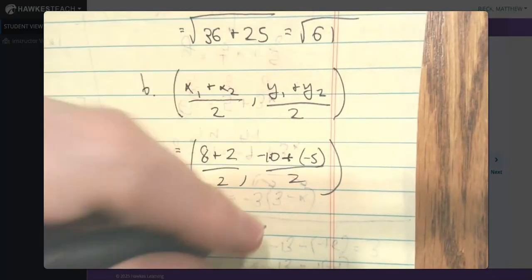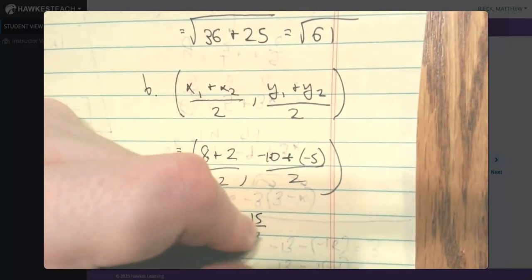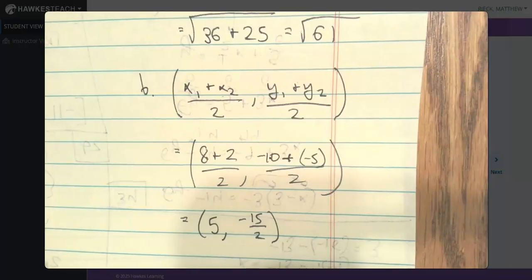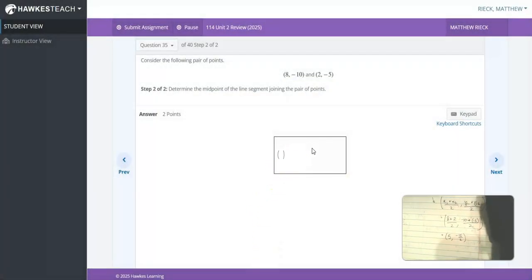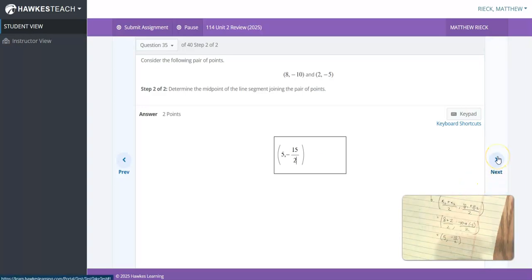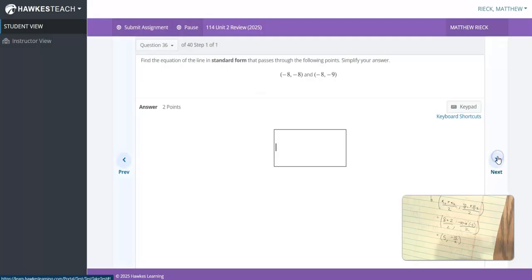And here we have negative 15 over 2. Alright. And some of this is just to kind of see what I can get away with, so we'll see if it likes improper fractions.